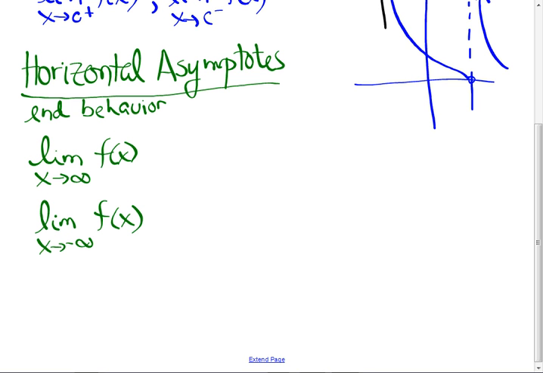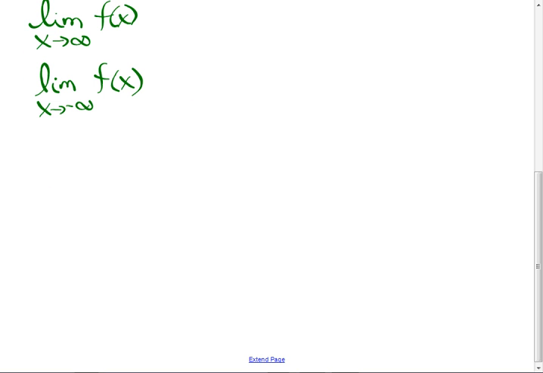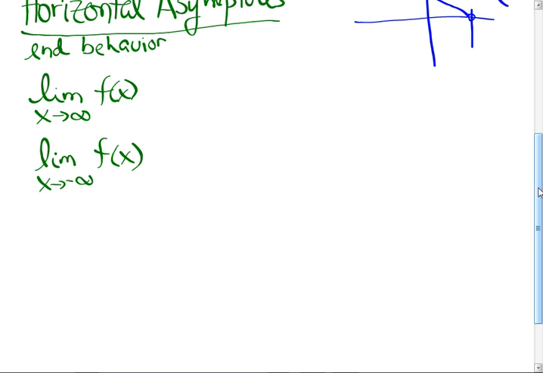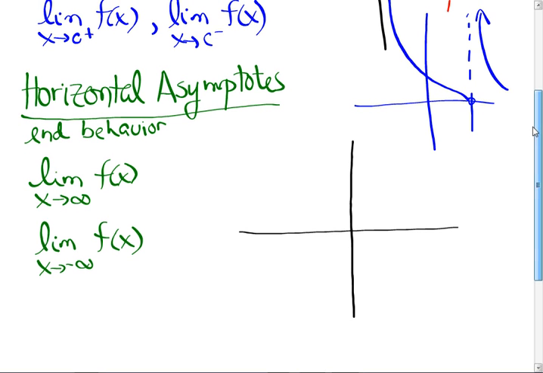Are you going to open your packet or just trust me? It said, what are all the horizontal asymptotes? By the way, can a function cross a horizontal asymptote? Those are vertical asymptotes, and no, it cannot cross them.